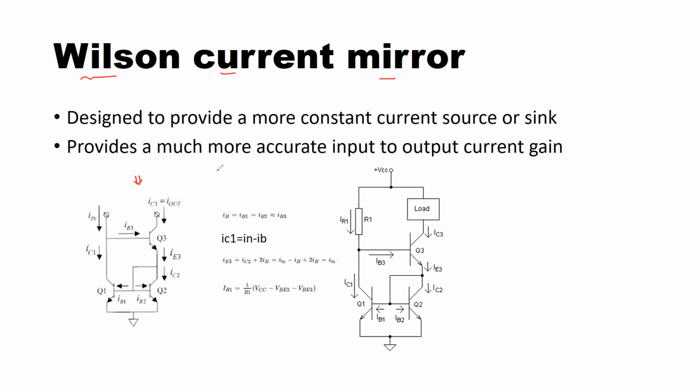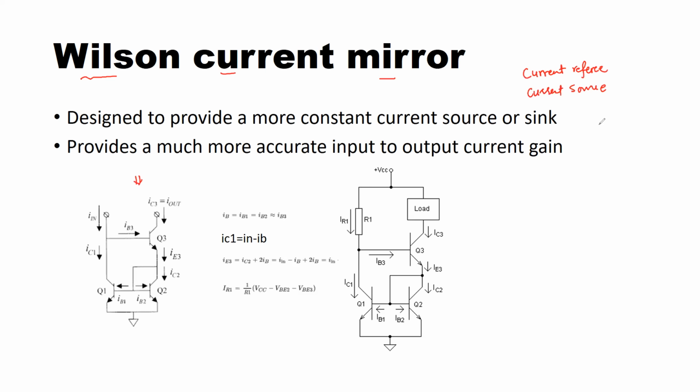So our task today is to analyze this circuit and understand how it helps us improve the performance of the current mirror circuit. There are two words that we use: one is current reference, and another is current source.